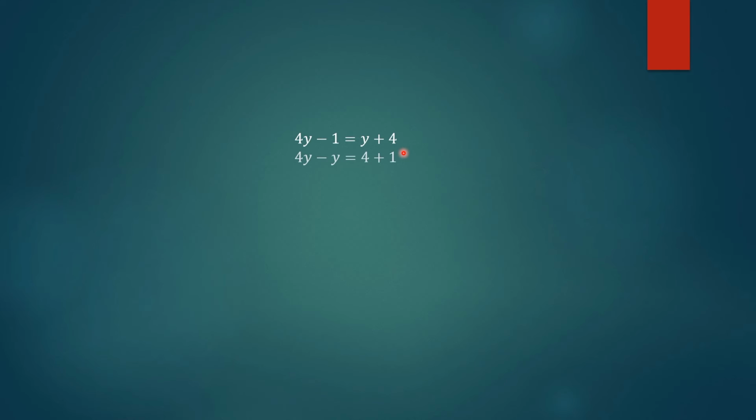So simplifying it, bringing the like terms together, 4y minus y equals, so we have 3y equals 5, divide by 3, then we have y equals 5 on 3. So that is the value of y.